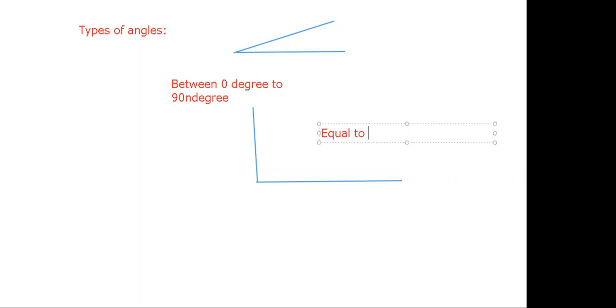In the drawing it looks more than 90 degree. I will correct this.